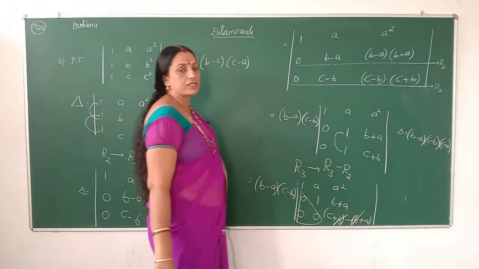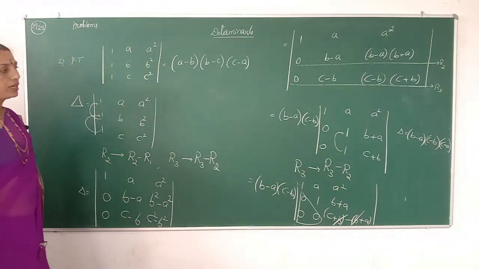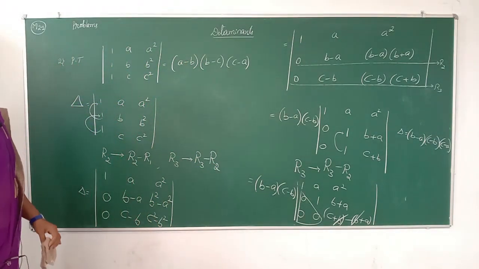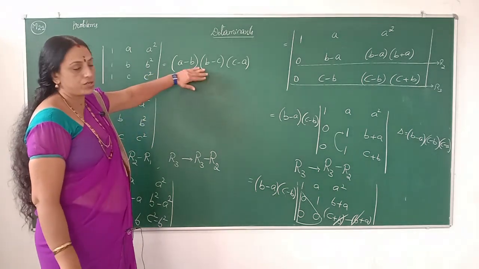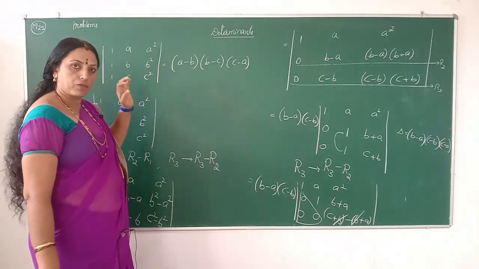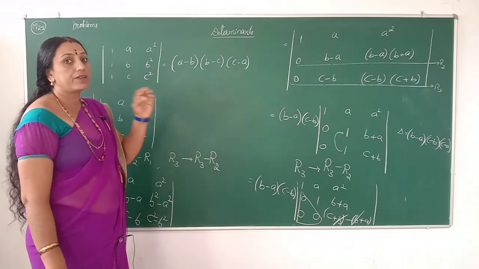Therefore, delta is b minus a into c minus b into c minus a. If we compare it with the RHS, both will be the same but in a different order.